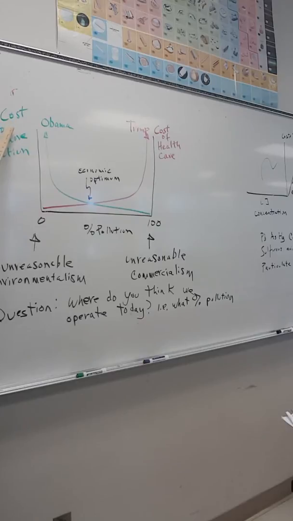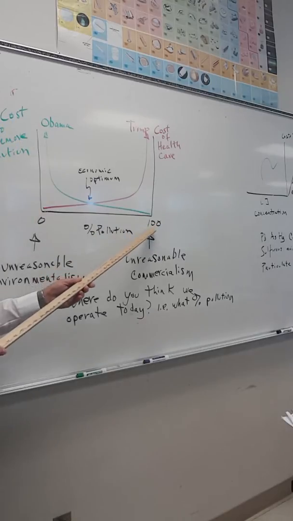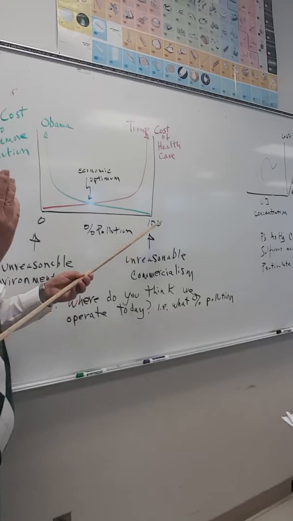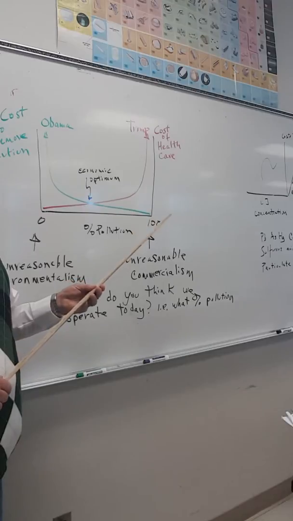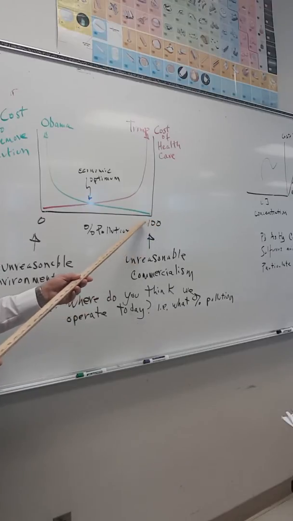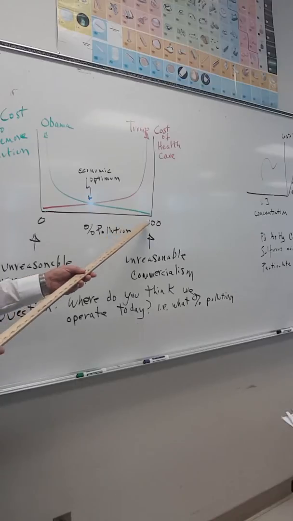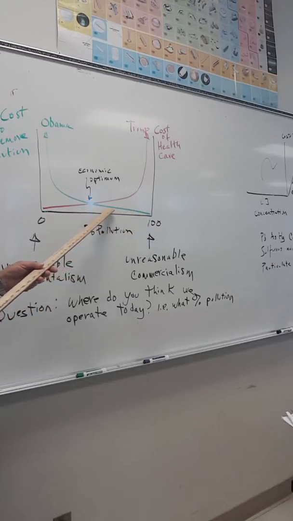Likewise, we can graph the cost to remove the pollution. At 100% pollution, there's no cost. So you're happy with not being able to see the hand in front of your face. As we reduce pollution by putting in technology, sure enough, the costs make sense, right?